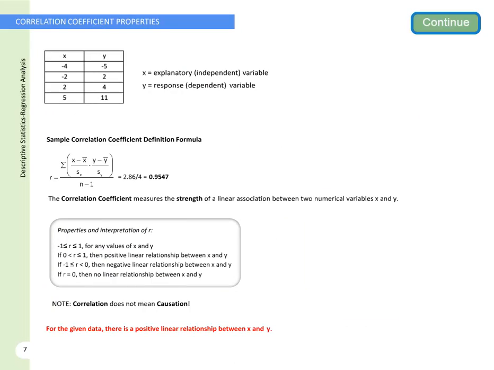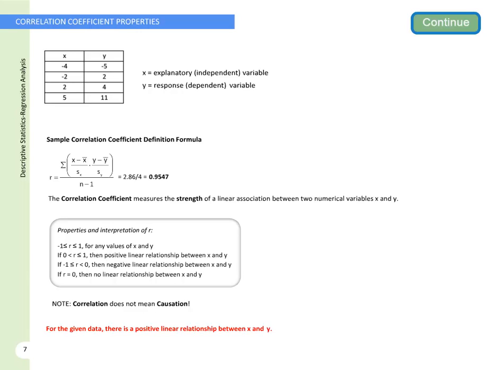Let's discover the properties of the correlation coefficient. Once again, the correlation coefficient measures the strength of the linear association between two numerical variables, x and y. Independent of the values of x and y, the correlation coefficient is always a number between -1 and 1. A value of r outside this range, -1 and 1, means either a wrong computation, or a typo.